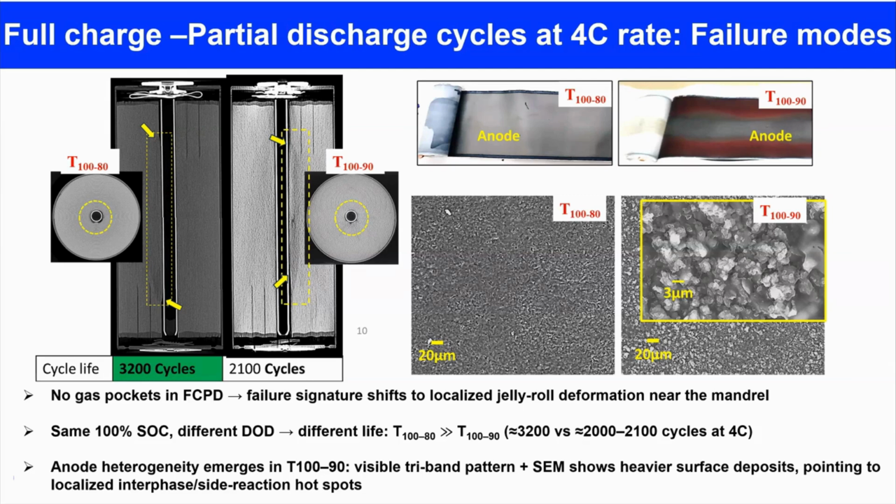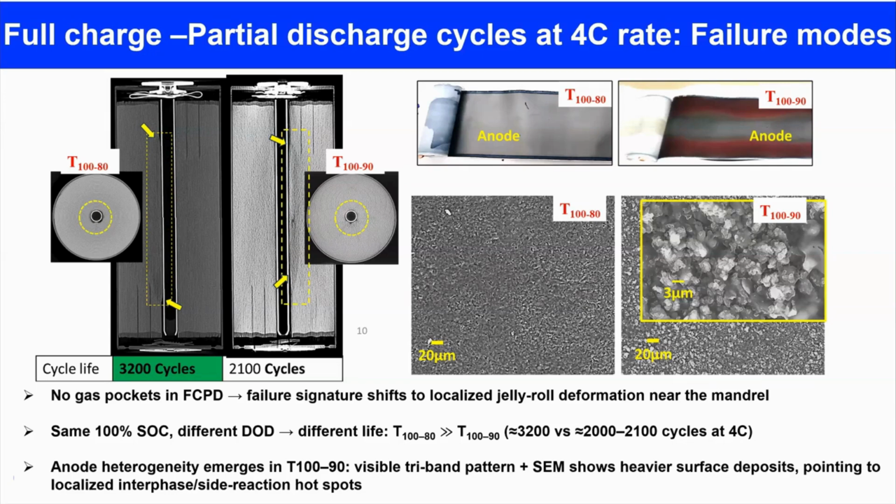In the case of 90 DOD, we can see clear belt formation of different lithiation phases. At the outer edge locations we see more active lithium, meaning graphite phases, whereas in the center the lithium deposited area was identified.